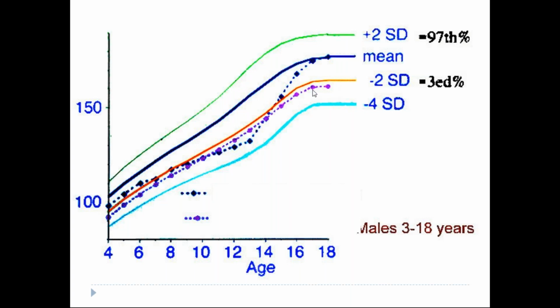His final height is less. He is continuing to grow on his centile. I'm looking for answers, but nobody is answering in the questions. So what is the child with the purple graph showing?